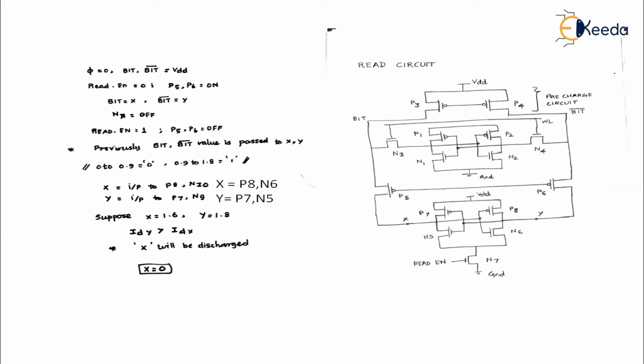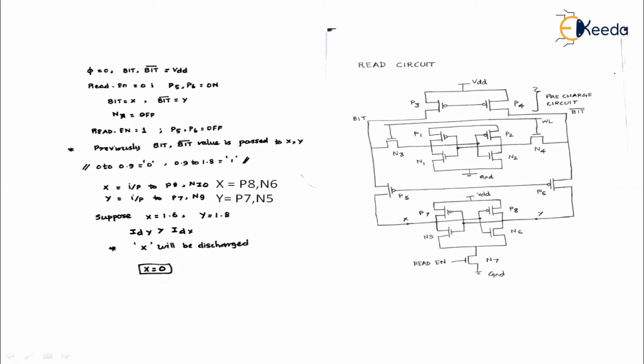So the node X is going to discharge, and it is going to discharge towards 0. So what was the thing which is written? We were performing a read operation. The node A, we said that it is storing the old value of 0. Now by using the read circuitry, I observed my X value is equal to 0. By enabling my read circuitry, I transferred my bit and bit bar voltages.